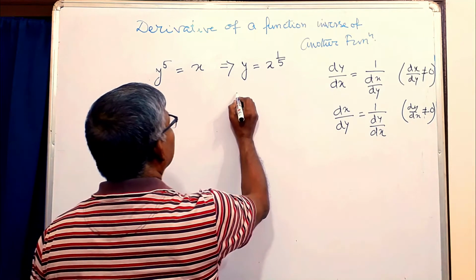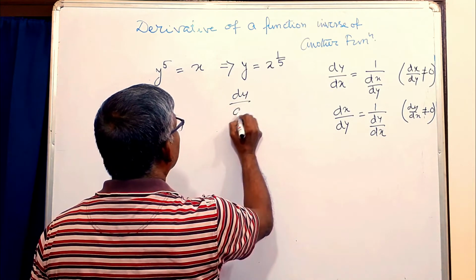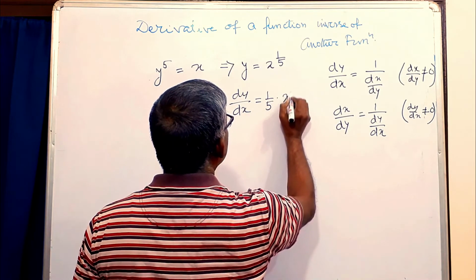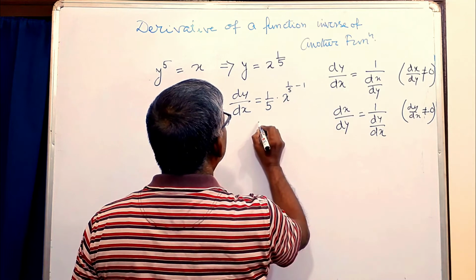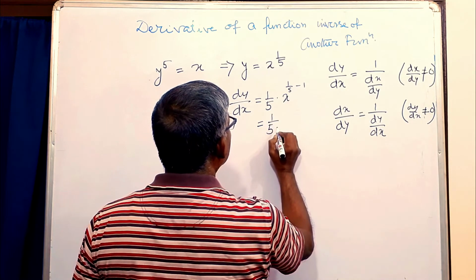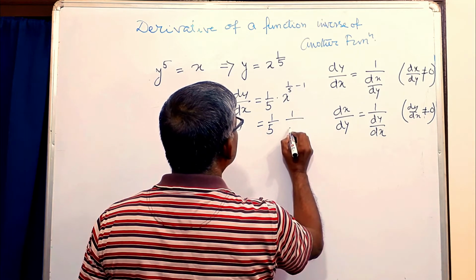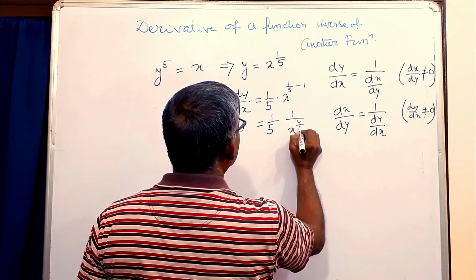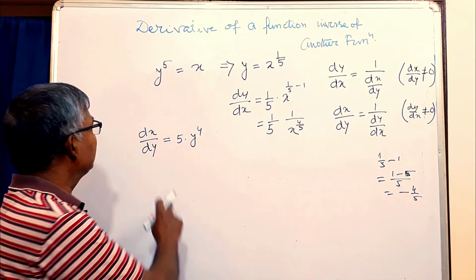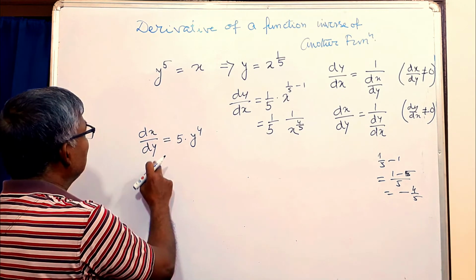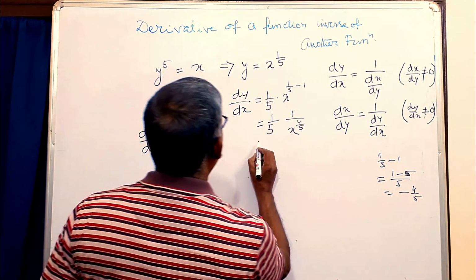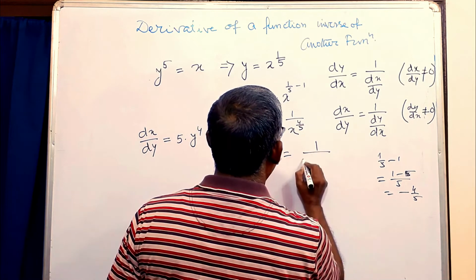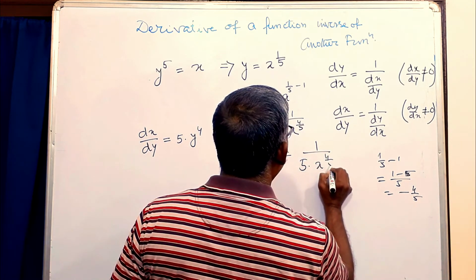So from this we can get dy/dx equals 1 by 5 into x to the power 1 by 5 minus 1, that is 1 by 5 into 1 by x to the power 4 by 5. Students, so we get dx/dy equals 5 into y to the power 4 and dy/dx equals 1 by 5 into x to the power 4 by 5.